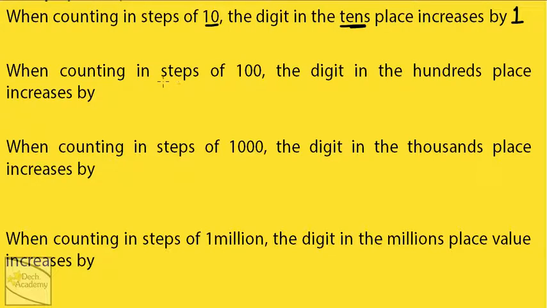Also here, notice when counting in steps of 100, the digit in the hundreds place increases by, the answer is also 1. In fact, in all these cases, the answer is 1. When counting in steps of 1,000, the digit in the thousands place increases by 1. When counting in steps of 1 million, the digit in the millions place increases by 1.